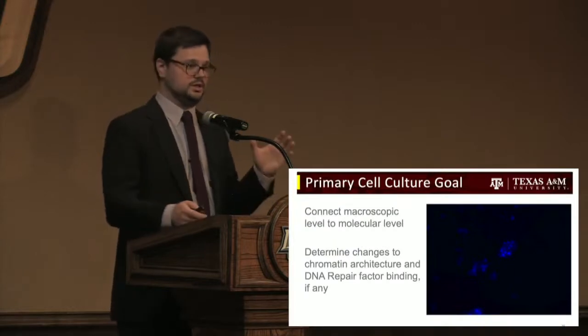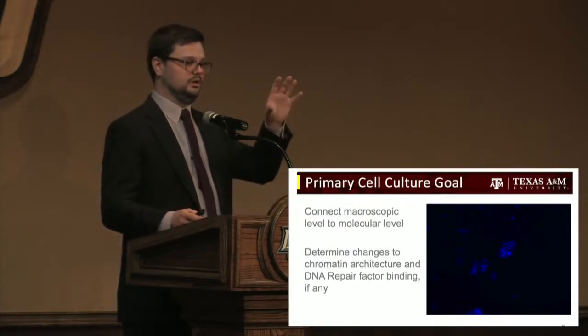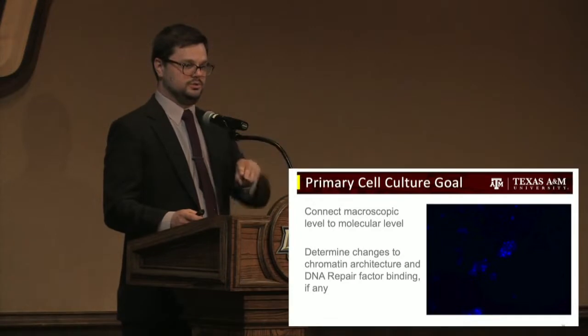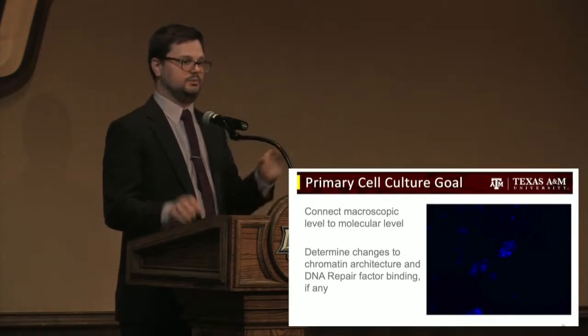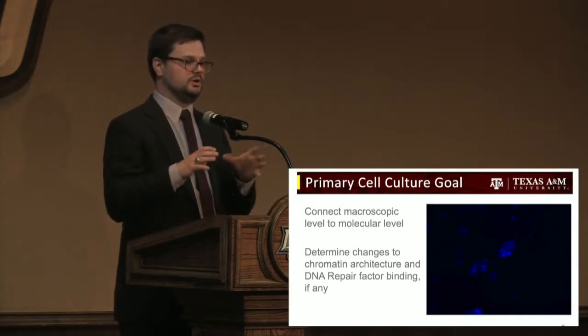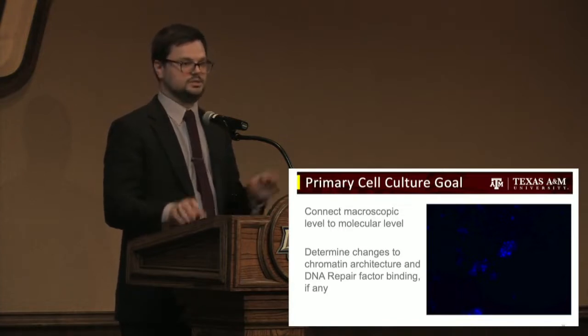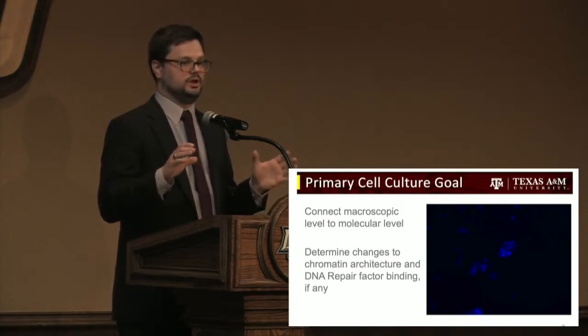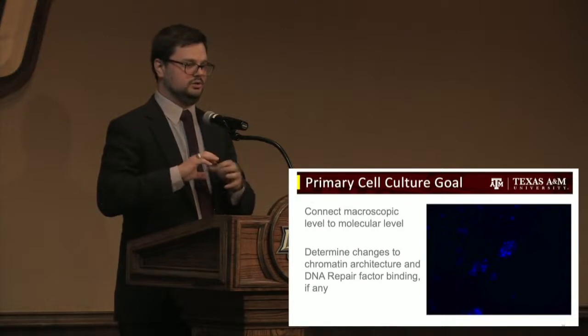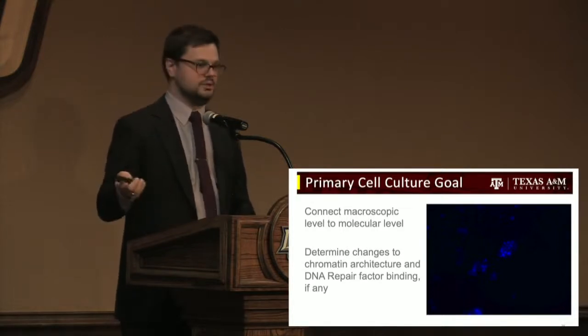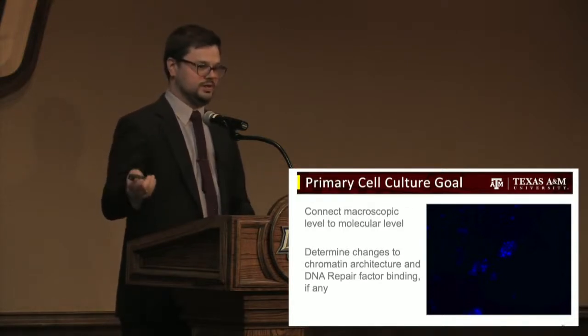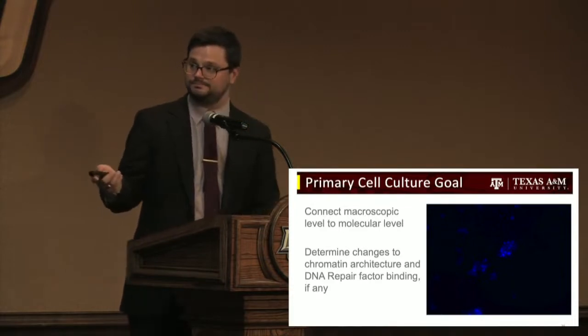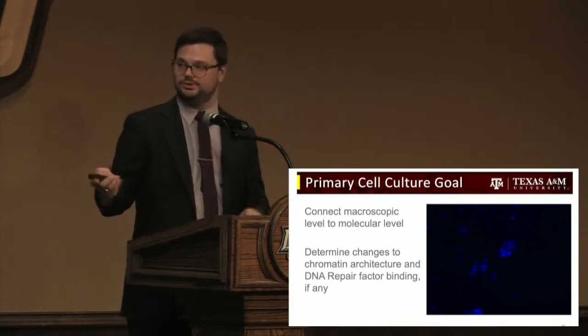And so this is to connect the macroscopic, looking at living mosquitoes, to the microscopic, so what's actually happening within the nucleus, which is where all the DNA is, and seeing if what we're doing with knocking out NHEJ is changing the nuclear architecture. And so this is much similar to what I did in grad school and not in my postdoc. So I'm just trying to connect those two.